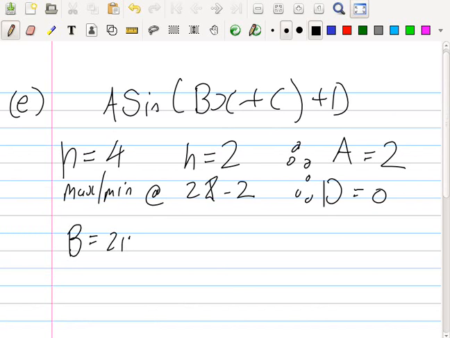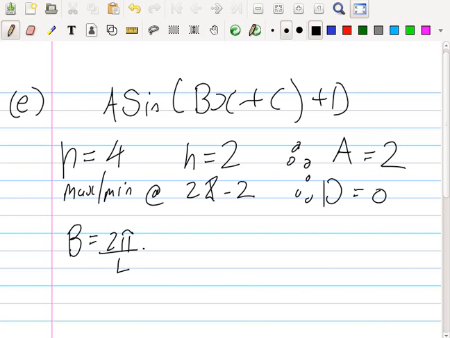It's 2 pi over the length, or the period. Yeah, end minus start. Okay, that's one way to calculate the length. But another way to calculate the length is not just end minus start, but also the distance between the peaks or the distance between the troughs.